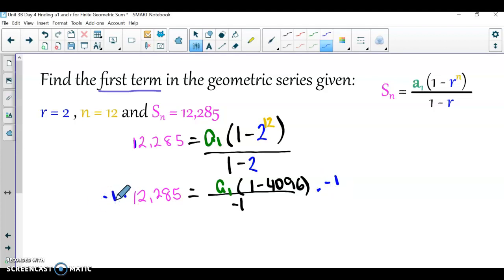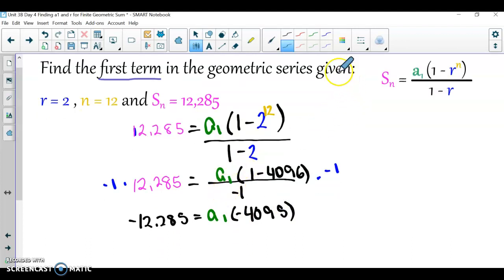So now I have a negative 12,285, which is equal to, we still don't know what A1 is. And we can also do the 1 minus 4,096, which is negative 4,095. Okay. Now to solve for our A1, our step is to divide.